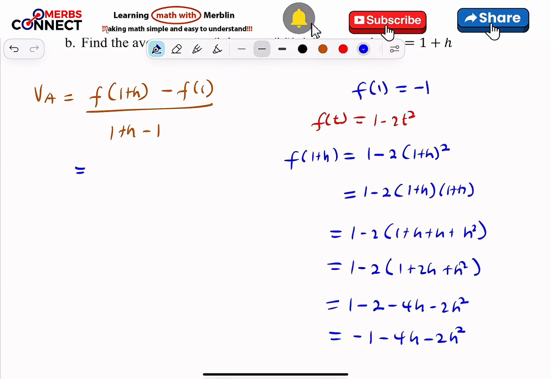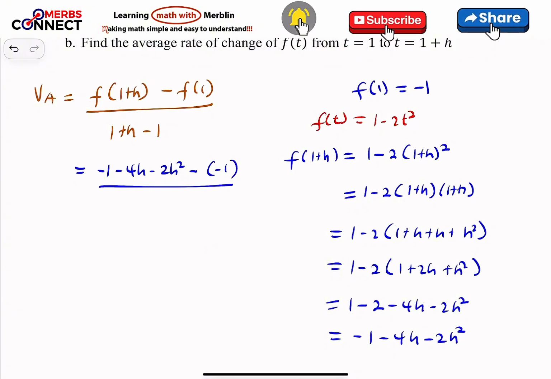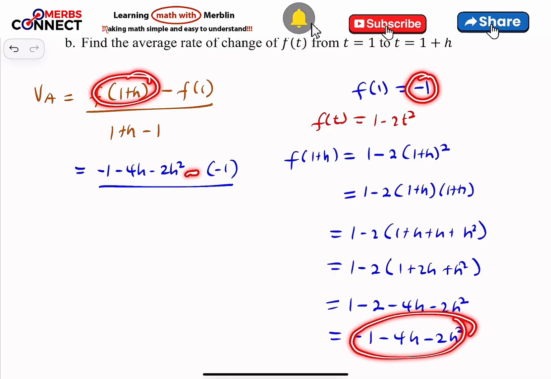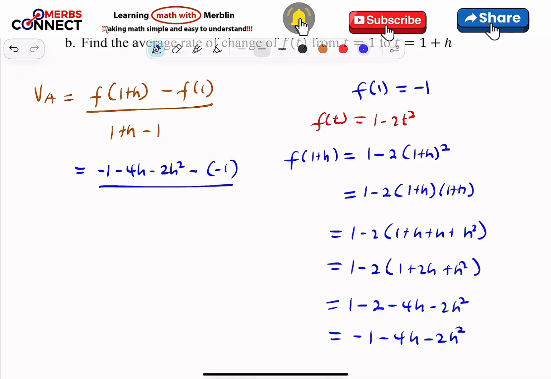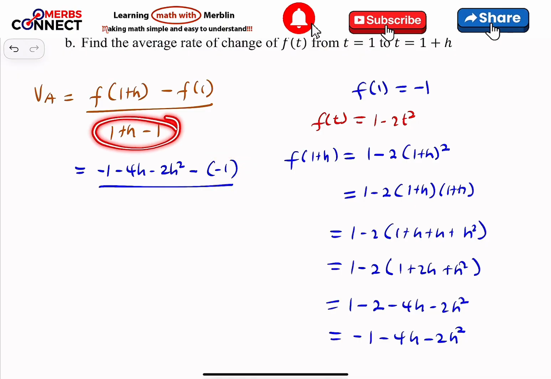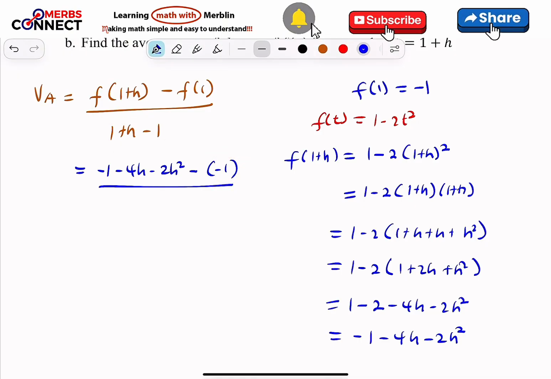This is going to give us minus 1 minus 4h minus 2h squared minus f of 1 divided by h. So we know that the whole of this is equal to this minus f of 1, which is minus 1 here. So we are going to have minus 1 minus 4h minus 2h squared plus 1 divided by h.